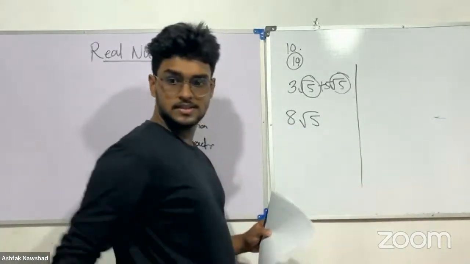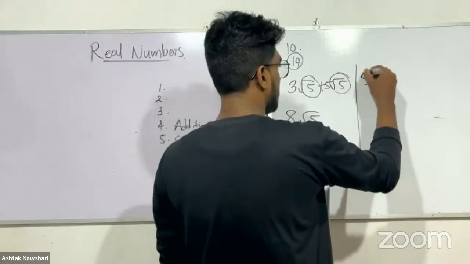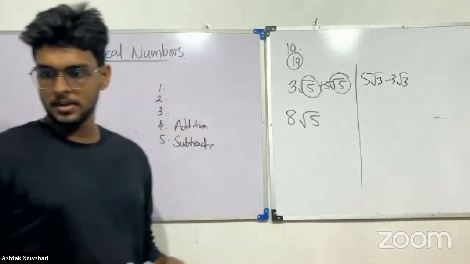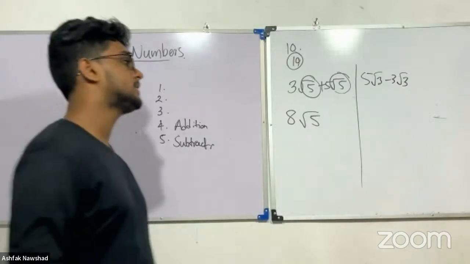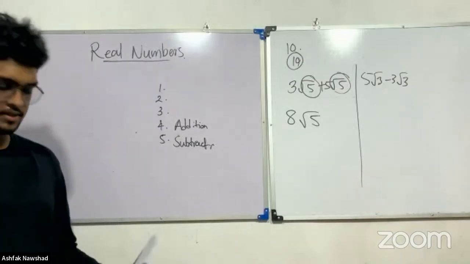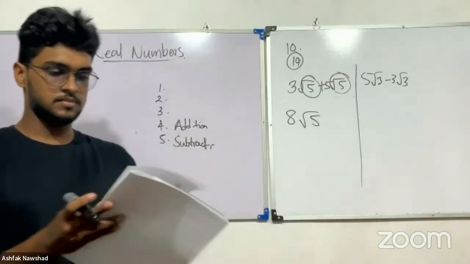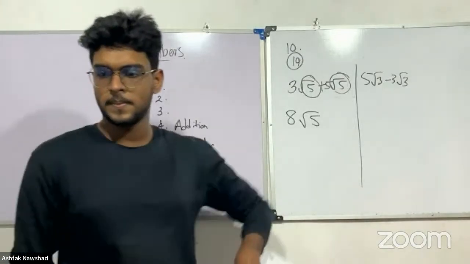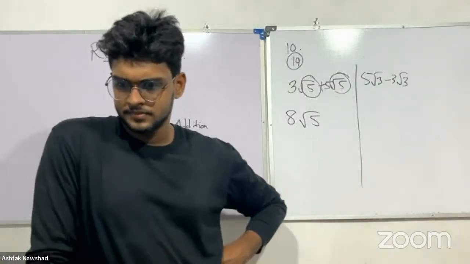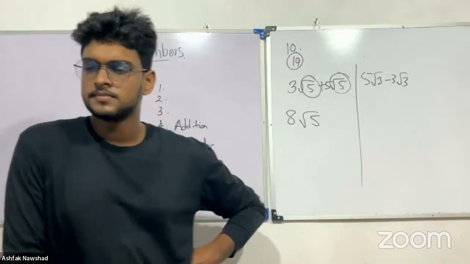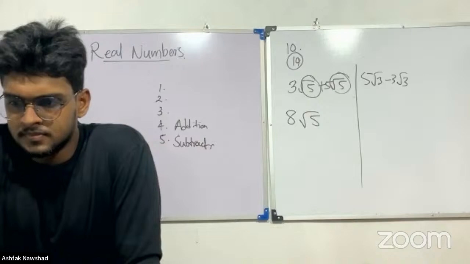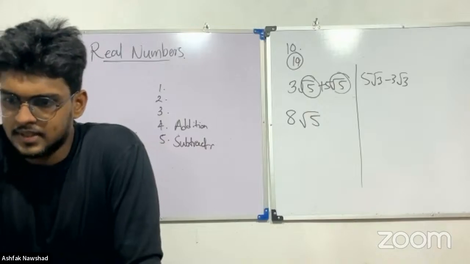Similar to that, there's the next question. 5 root 3 minus 3 root 3. So what is the answer? What is 5 root 3 minus 3 root 3? Yeah, that's correct.